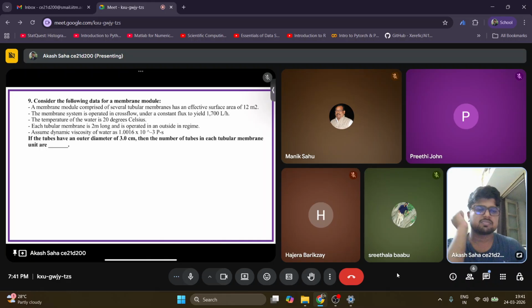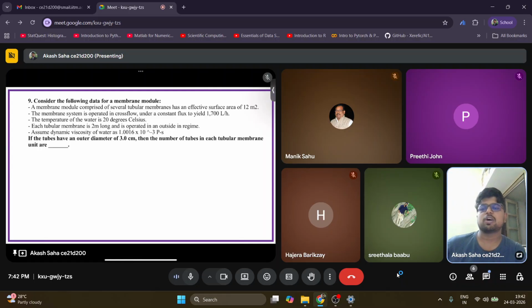Next problem. That was pretty simple. Consider the following data of a membrane module. A membrane module comprised of several tubular membranes has an effective surface area of 12 square meters. The membrane system is operated in cross flow under a constant flux to yield 1700 liters per hour.